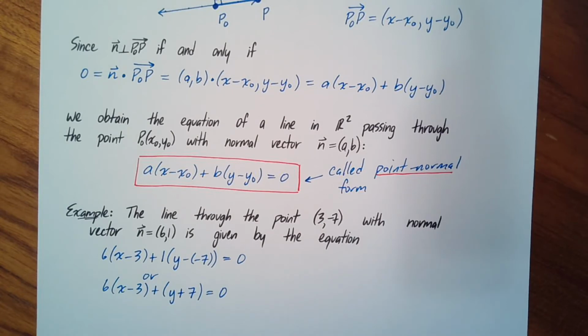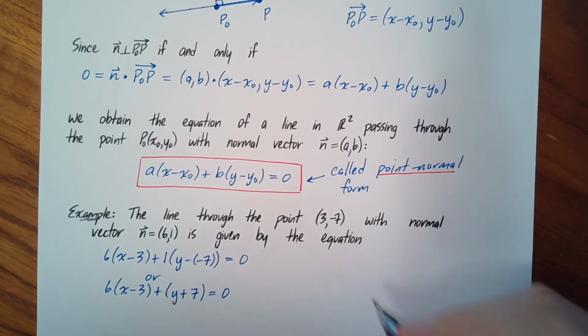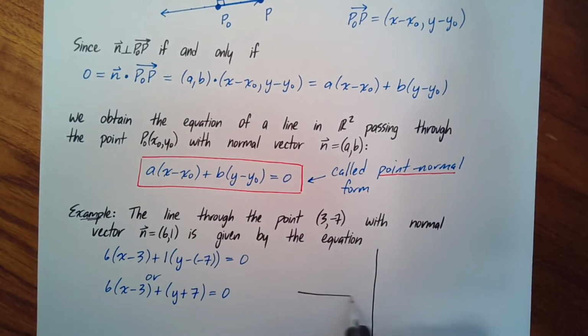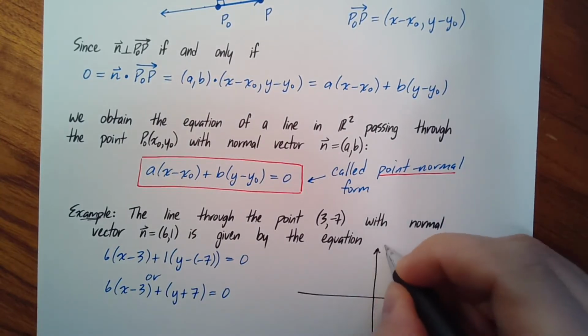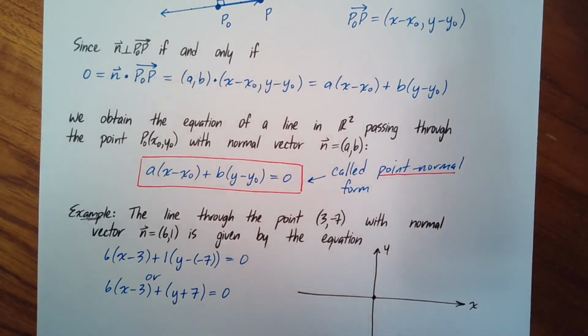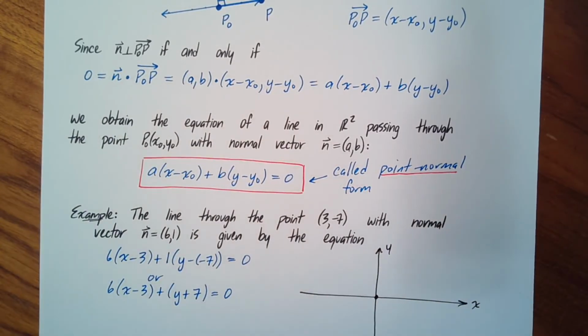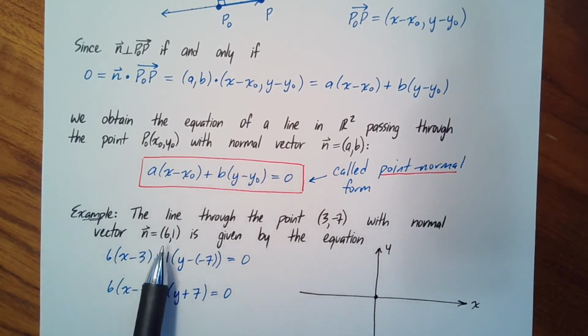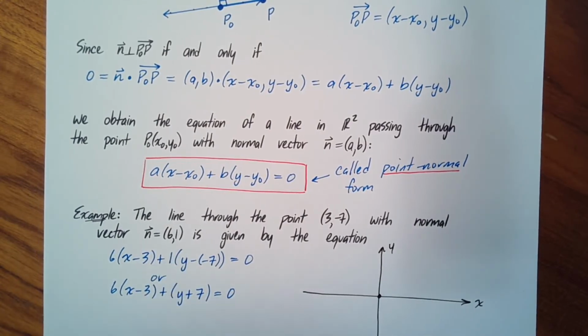Let's draw a picture. Let's draw a sketch of this line. So I'm just going to draw the Cartesian plane here. Okay. Well, what do we have to draw? Let's start with the normal vector n. It's got coordinates 6 and 1. So how about this?